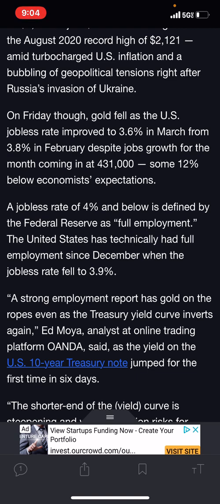If we start to see heavy aggression between Russia and Ukraine, or Russia starts to have further issues with other NATO nations, that will cause panic in the markets, and that will cause gold to rise, and that would be outside of what is happening with the American economy.